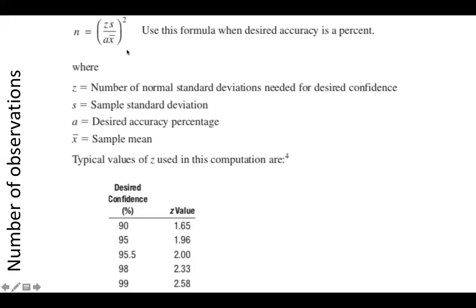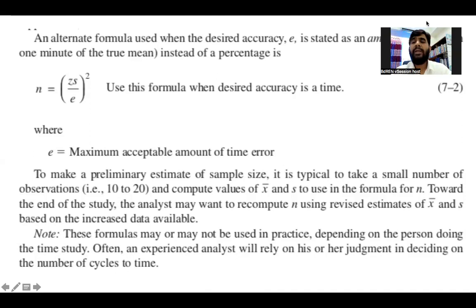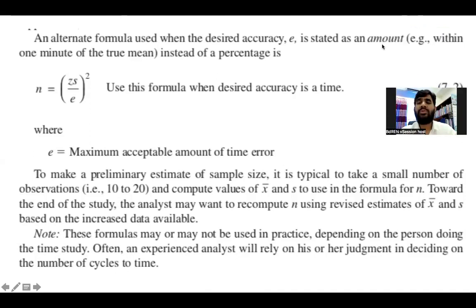But when the error expectation is not in percentage, rather in number or amount, for example, when we are calculating a standard time and you're expecting that the standard time will be 0.5 minutes deviated, or 0.5 minutes error from the average.